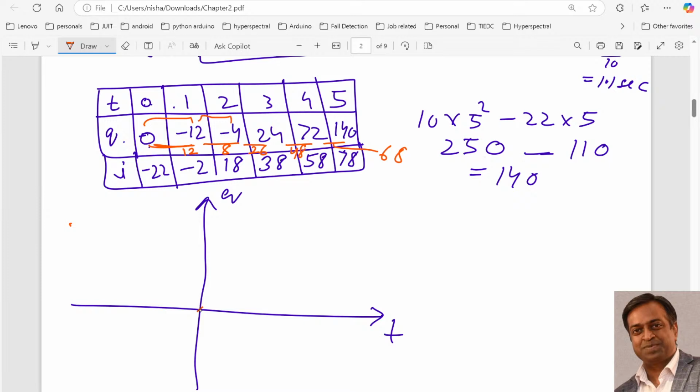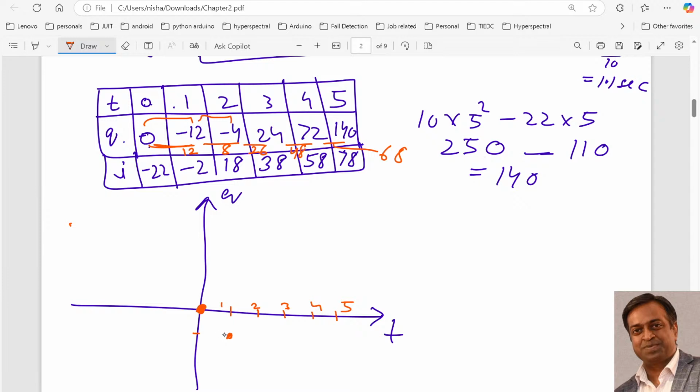So if we draw a graph like this, it is 1 2 3 4 and 5. So our first point, at t equals 0, we have this, at t equals 1 we have -12, so let it be over here.